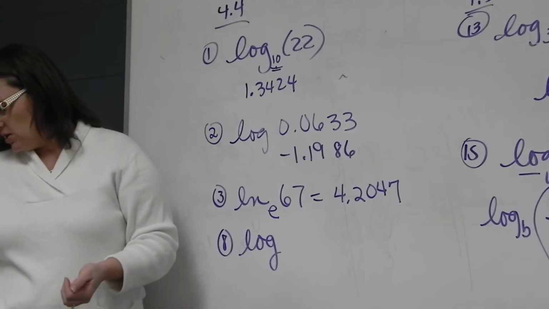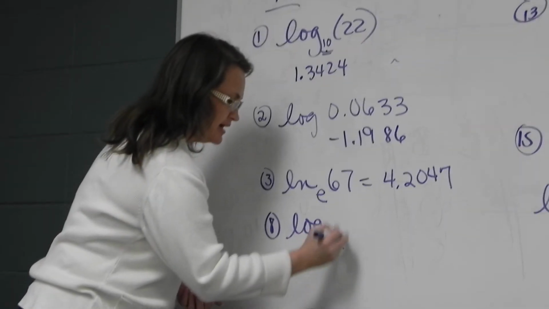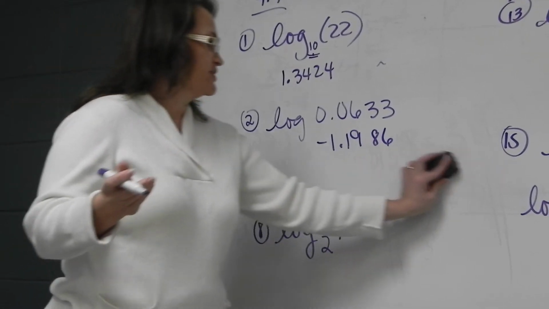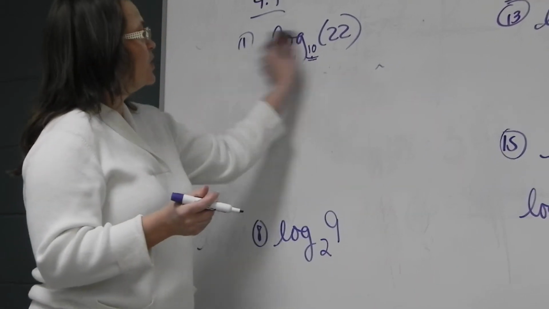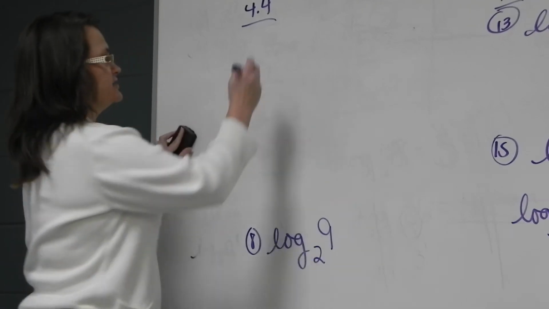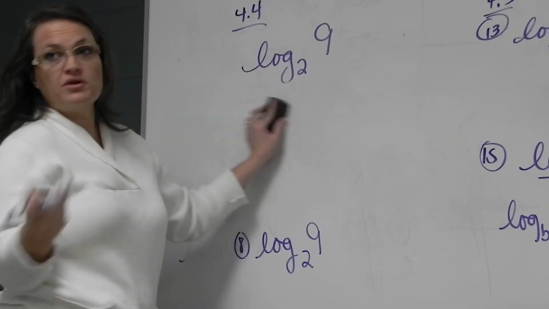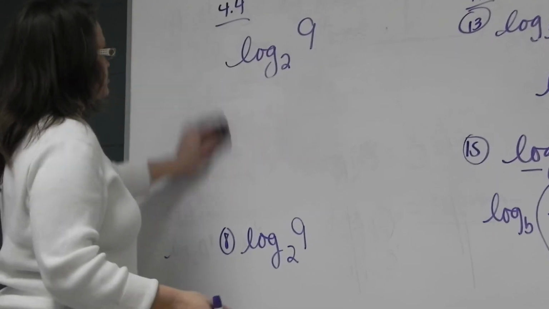All right, so what if it is not base e or base 10, like number 8? Number 8 says find log base 2 of 9. So you might have a calculator that has a little subscript button, but most calculators do not. They do not calculate anything but base 10 or e, just normally with the regular function button.